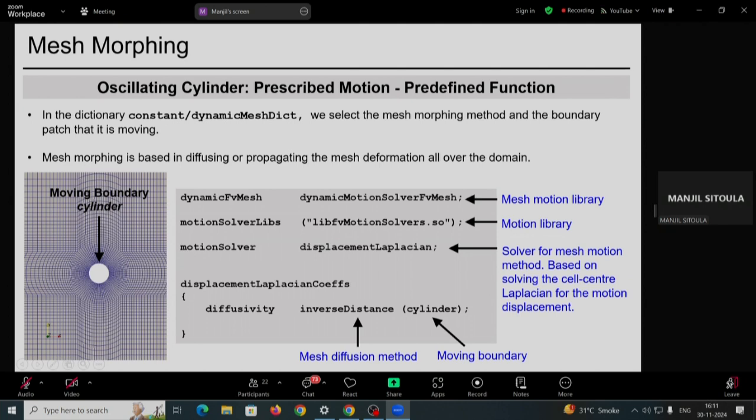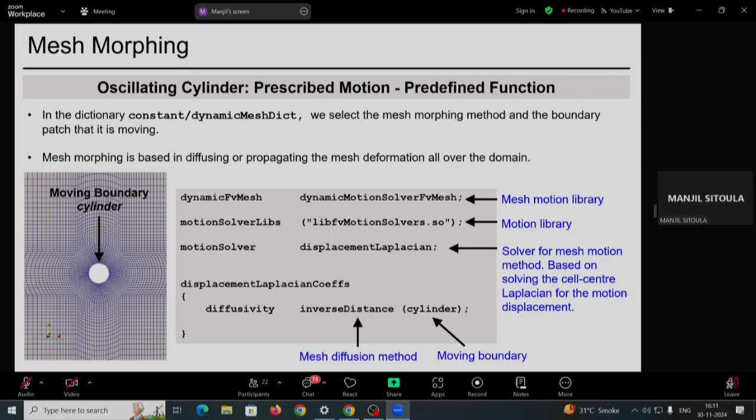Basically, there are two types of solver. Either it can be a displacement solver or a velocity solver. If we compute the mesh displacement, then it can be called a displacement solver, and if we compute the velocity, then it can be referred to as a velocity solver. The displacement of the mesh can also be found by solving different equations.